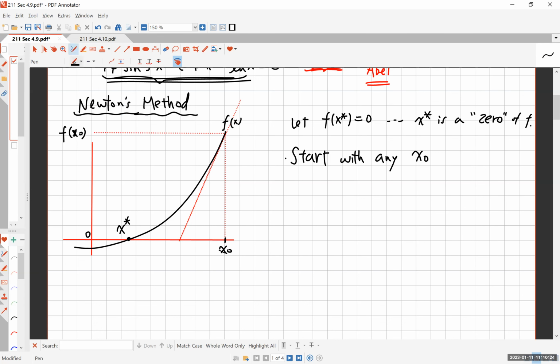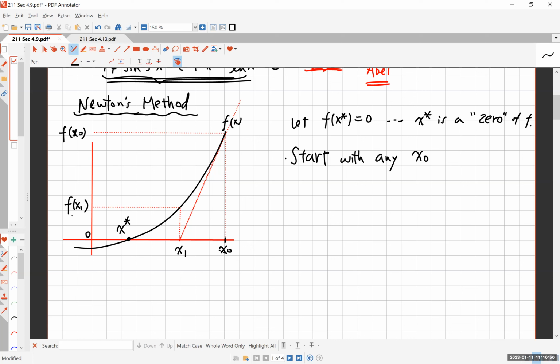And we will evaluate the function again at this point. Okay, f of x1 is still not 0, but it's a lot closer to 0 than f of x naught was. Okay, and so now we're going to repeat the process.